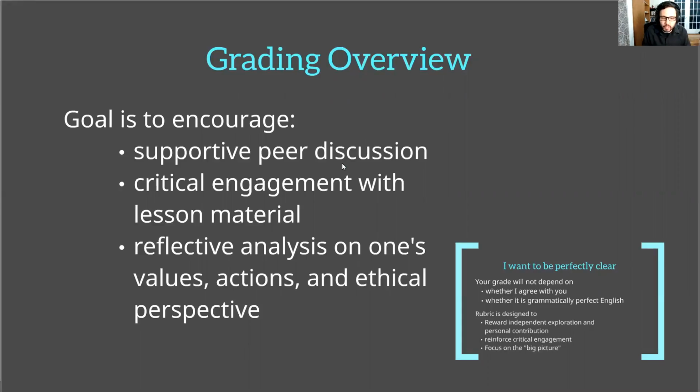The point of this class is to have you reflect on your own values and how you act or might act in certain situations, and what that says about your perspective, about your ethics, and then how that relates to, maybe agrees with or just doesn't agree with the values and actions of other people.